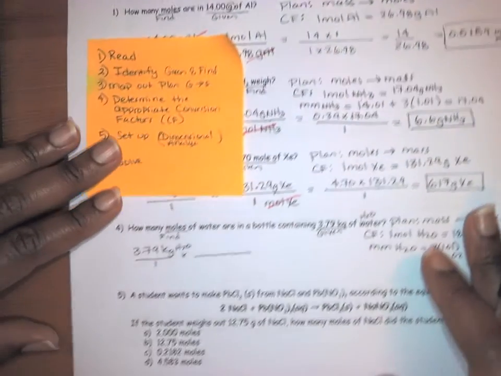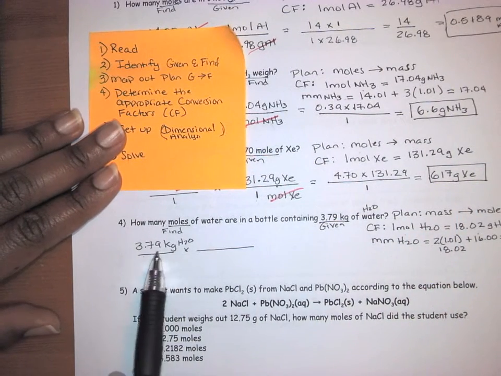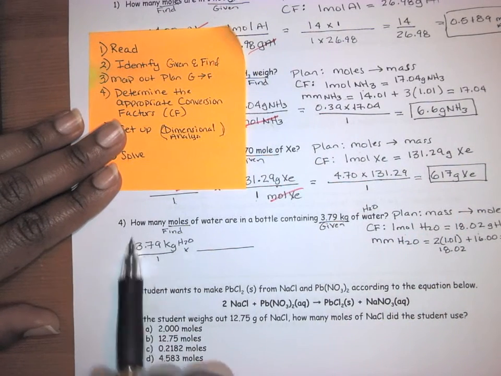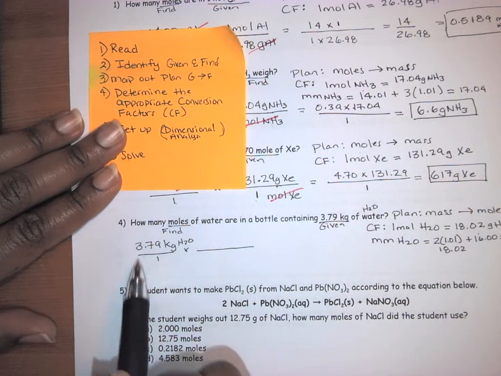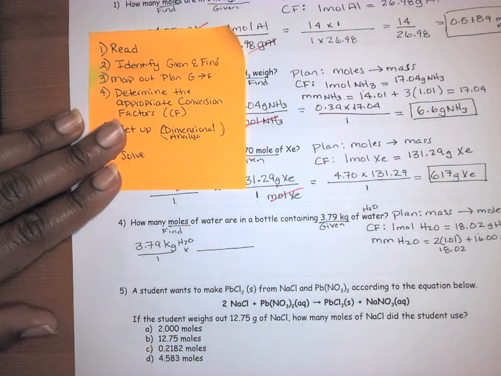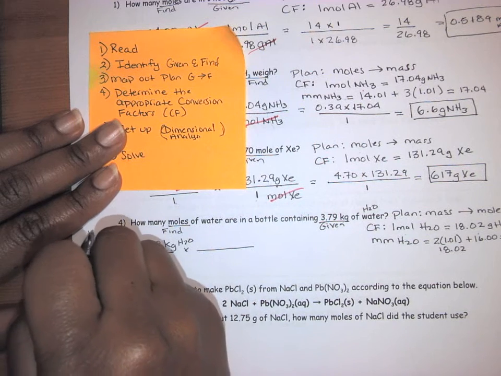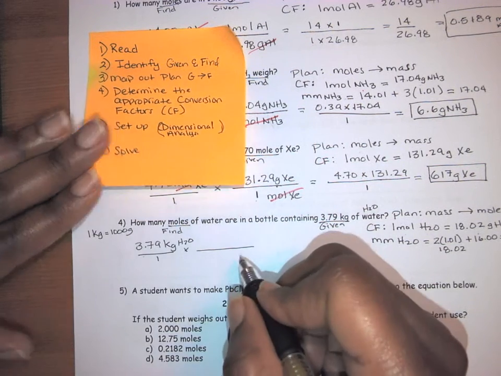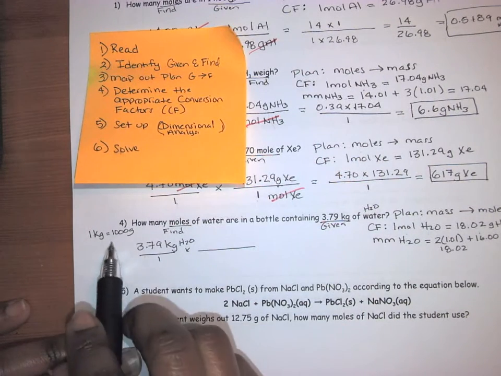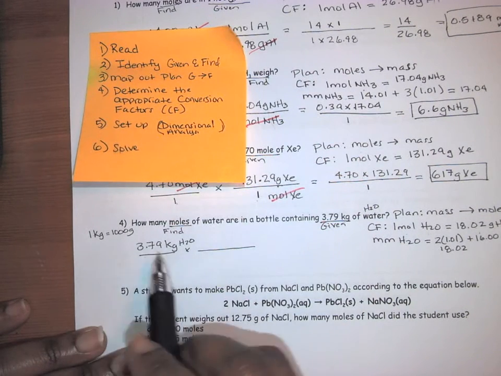So going back to this problem, I need to multiply this number by 1,000 first in order to get it to be correct. Let me actually show you where that comes from. That comes from the fact that 1 kilogram is equal to 1,000 grams, and I can actually use dimensional analysis on this section to do my unit conversion.